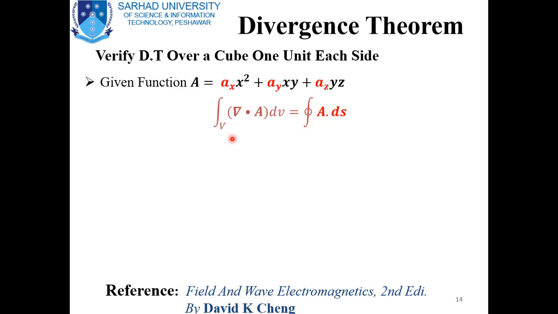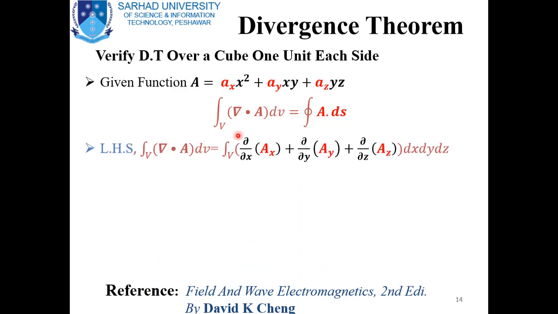Now we have to calculate the integral on the left hand side, and if the answer of this integral is equal to the integral on the right hand side, which is the surface integral of the same function, then we can say that the divergence theorem is verified. Now to calculate the left hand side, we must first find the divergence of vector A in the Cartesian coordinates.